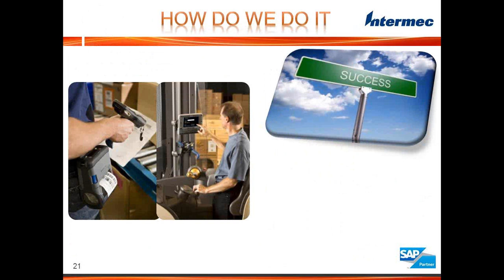Along with voice, we also have our mobile computing division. That's both vehicle mount and handheld mobile computers, along with our fixed and mobile printers. What we're enabling people to do with these devices is really take the process to the product. They can be mobile and agile within the DC, not wasting a lot of travel back and forth to fixed stations, and it allows them to perform their work at the point of process.